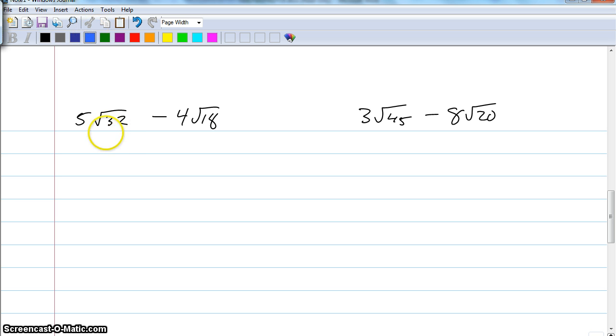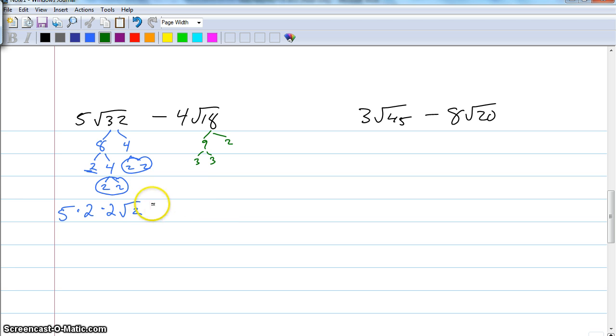All right, so hopefully you did this first one here. 32 breaks down to 8 and 4. 8 breaks down to 2 and 4. And you could keep going down. 2 and 2, 2 and 2. Now we already got a 5 outside. Pair of 2, so a 2 came out. Pair of 2, so another 2 comes out. And this 2 got left behind. Then this one, 18 breaks down to 9 and 2. 9 breaks down to 3 and 3.